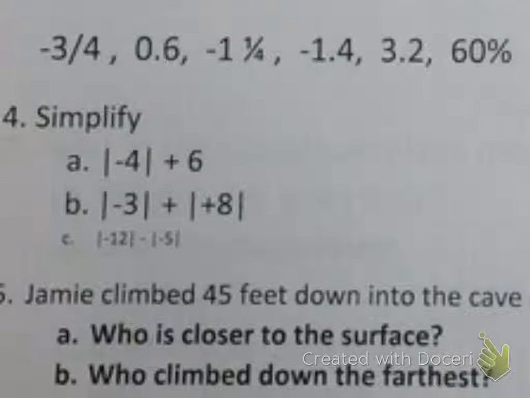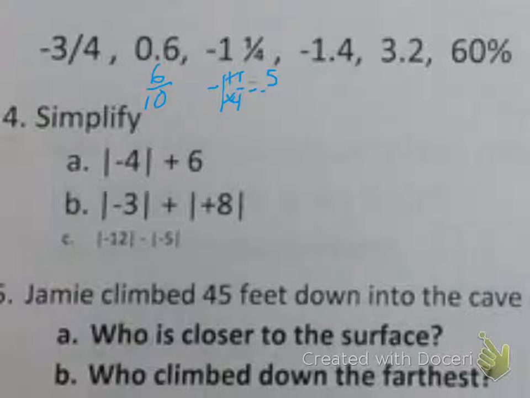Now another way we could solve this problem is we could make all of these the same so we could compare them. So we could, if we chose to, make each of these into fractions and get a common denominator. So for instance, we could make this into 6/10, and we could make this into negative 1 1/4, which we could then do 1 times 4 is 4 plus 1 is 5.